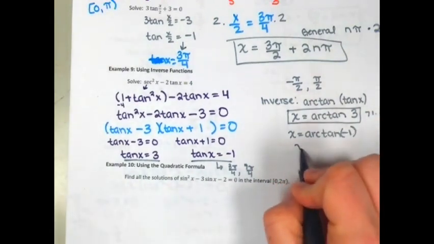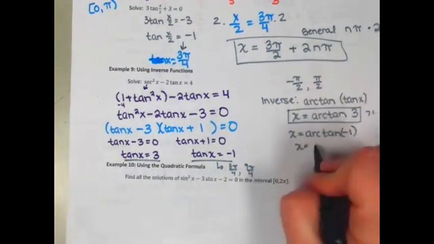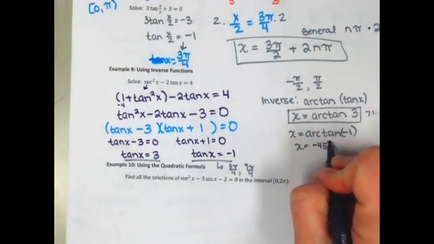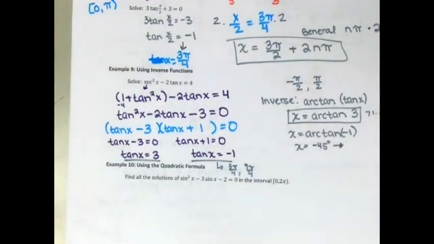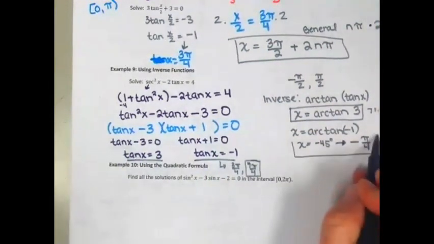And what do you guys get in your calculator? I think you get -45 degrees. But what is -45 degrees in radians? -45 degrees is 7 pi over 4, right? So what's that reference angle? Isn't that just -pi over 4? It's just -pi over 4.